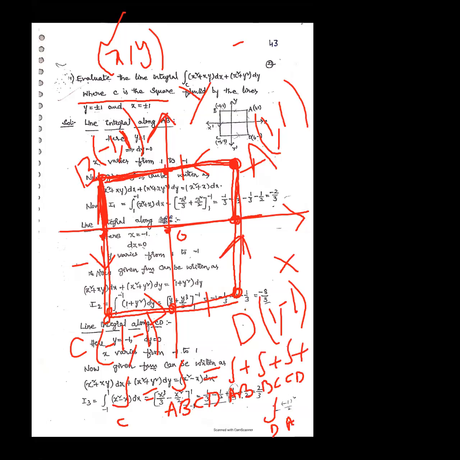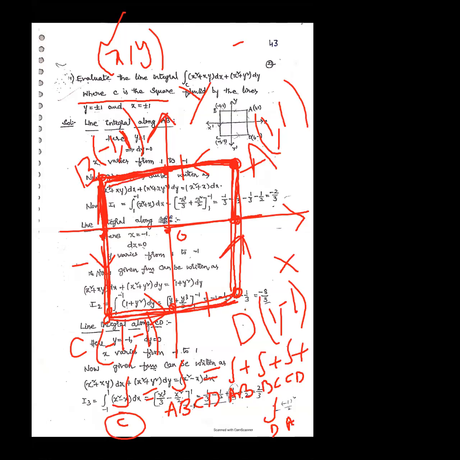Here the curve C is formed by the square named ABCD, and it is not possible to calculate ABCD at a time. So we split the ABCD line integral. First we calculate AB, next BC, after that CD, finally DA.